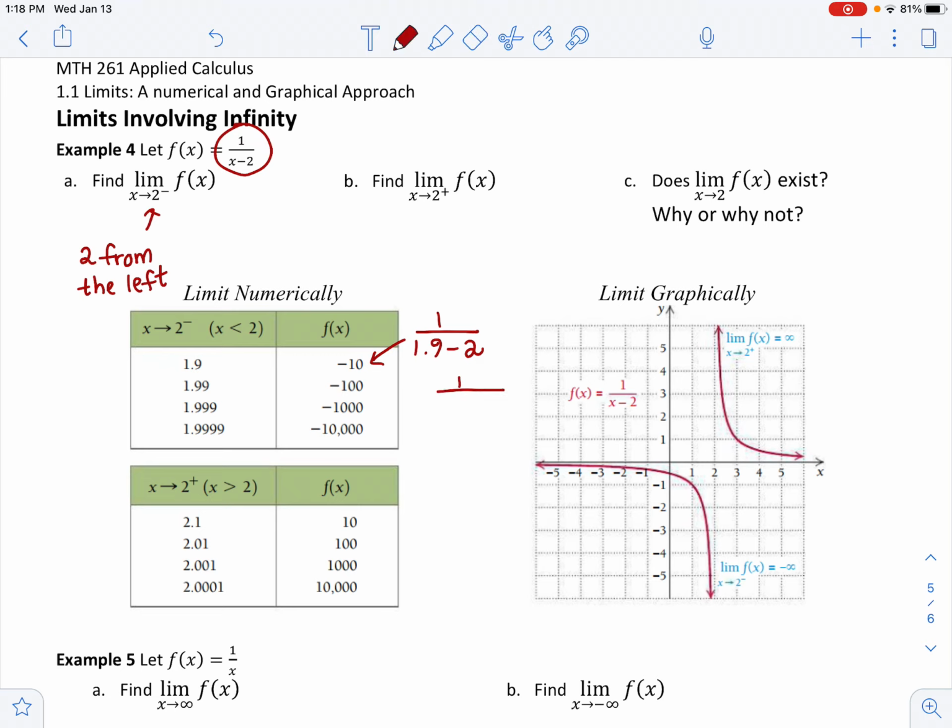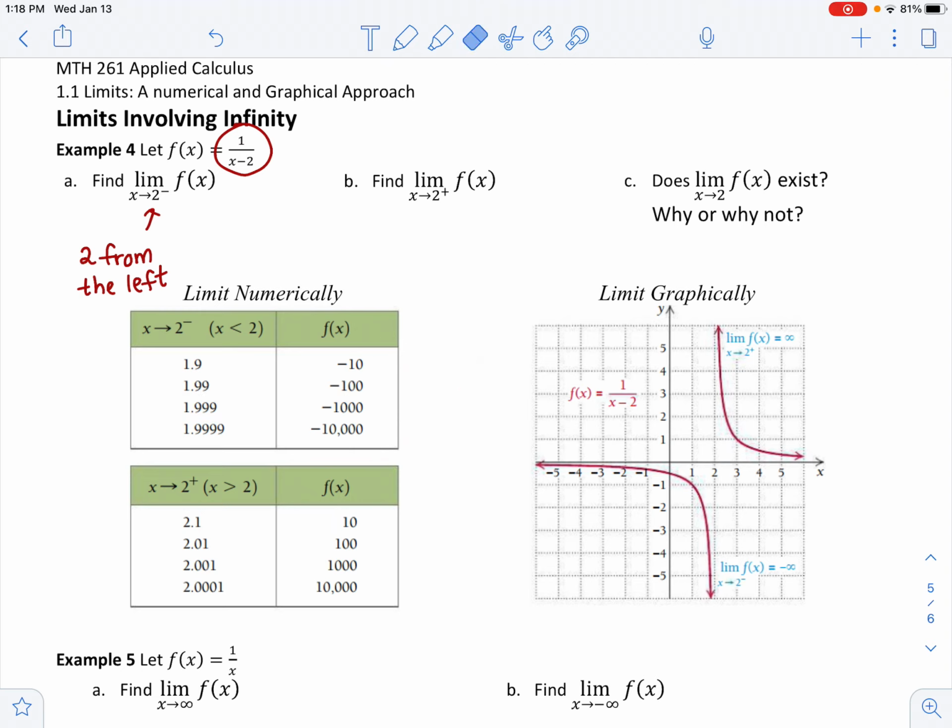If you plug in the next number, 1 over 1.99 minus 2, into your calculator, you will get negative 100. Oh, we're seeing a pattern now. One more, if you plug in the next x value, 1.999, and subtract 2, your calculator will give you negative 1,000. And the next number is negative 10,000. Can you see the pattern here?